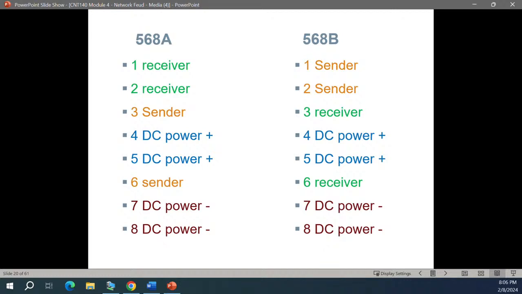And then down here, we also do not use these unless we're using gigabit speed. So for the most part, what's really doing the work on these T568As and Bs is pins 1, 2, 3, and 6. That's what's doing the work, okay?